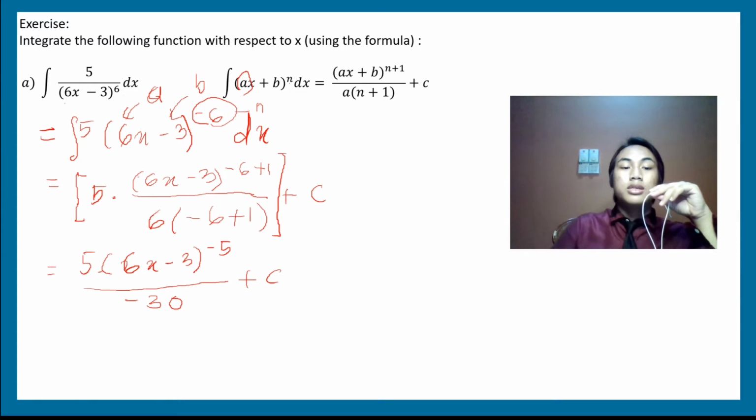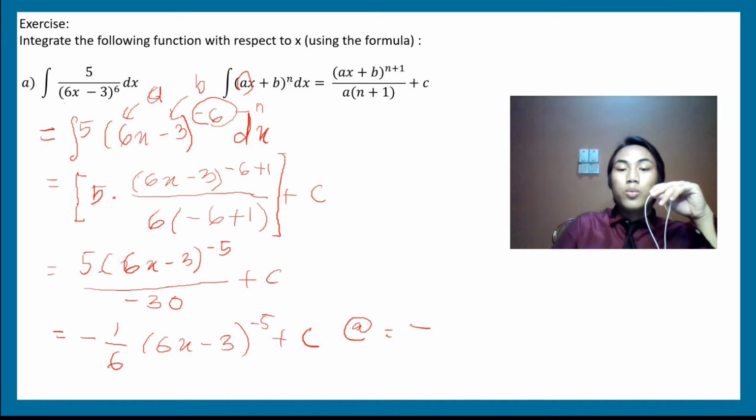Oh, we can simplify it to the form of 5 over -30. We will get -1/6. -1/6 times -3 to the power of -5 plus C. So here, it is correct, but it is not a great answer, because the great answer is, or we can write as -1 over, okay, since it is a negative, right?